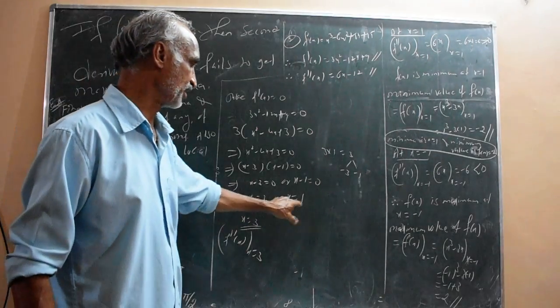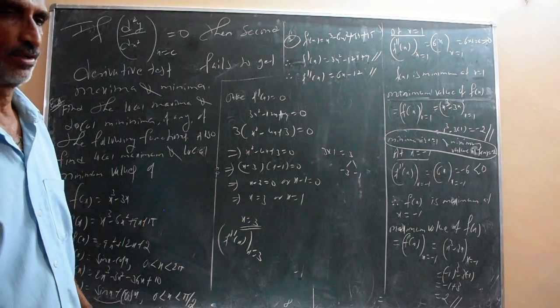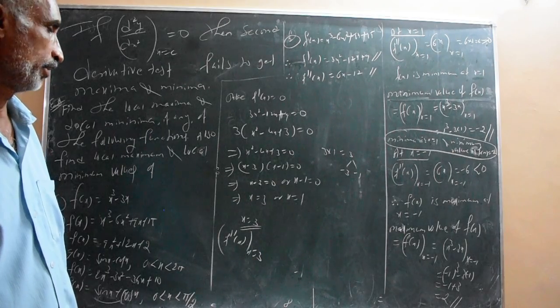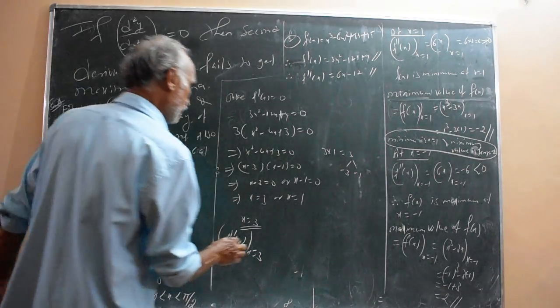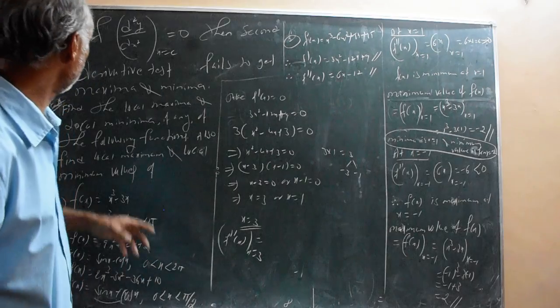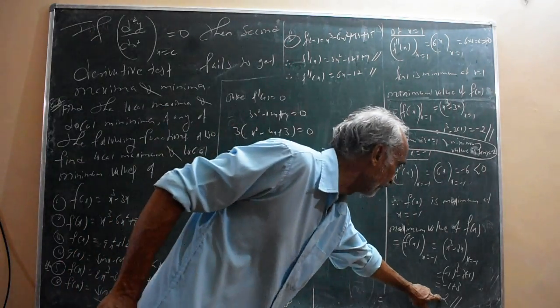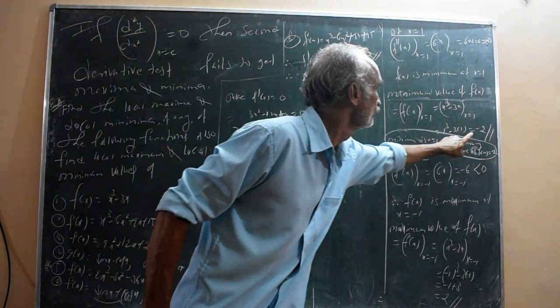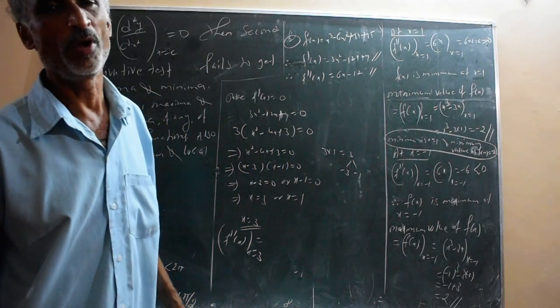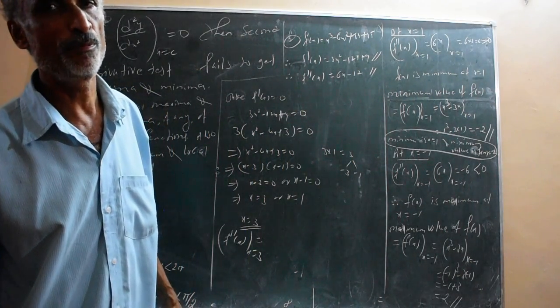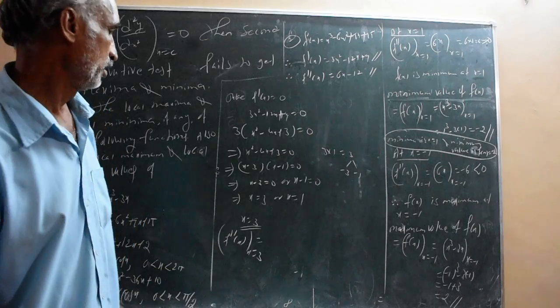This is extreme points. X values are called extreme points, simply point of maxima or point of minima. Now, extreme values are the values of the function, f of x values. They are the extreme values, or maximum values or minimum values. The word values will be there.